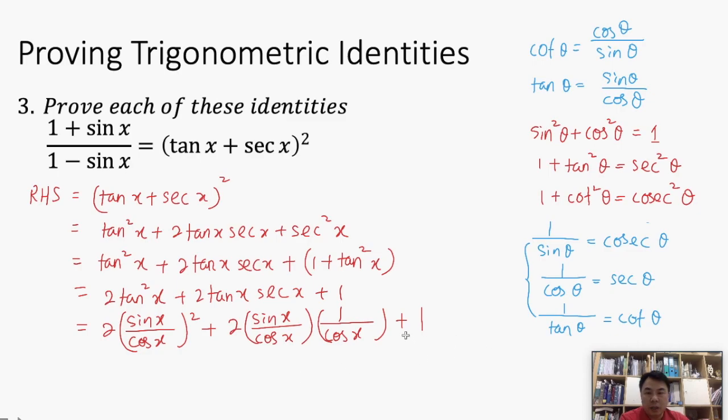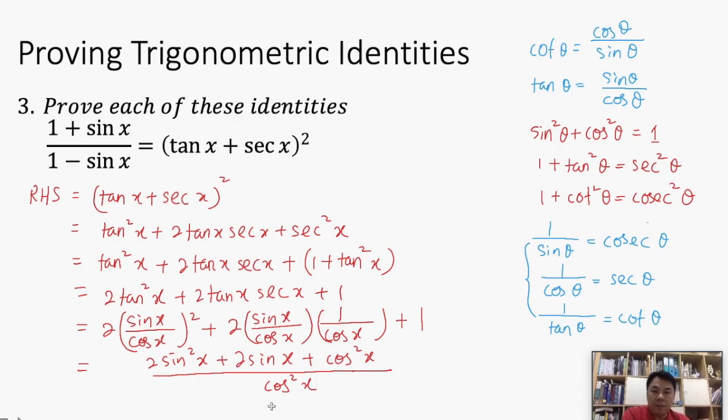And then I can join everything up together. So that will be 2 sine square x plus 2 sine x, and then plus, if I combine everything, cosine x over cos square x. That's what we have at this point.